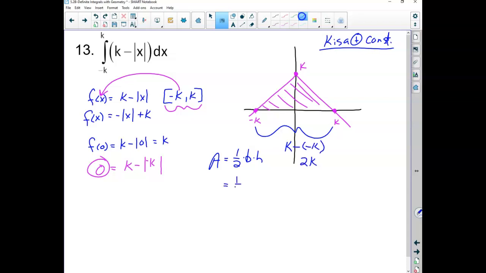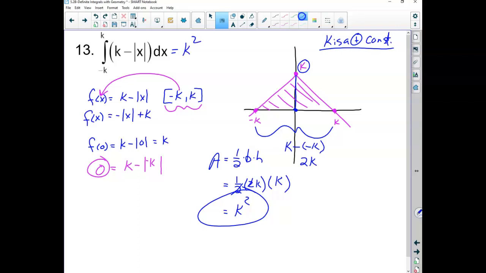So this is going to be 1/2 times 2k times, how tall is it? Well, how tall is it from here to here? It's k. So that 2 is going to wipe that guy out. Oh, the area is k squared. You type this into your wonderful CAS, you should be getting a k squared out. Your CAS will do that.